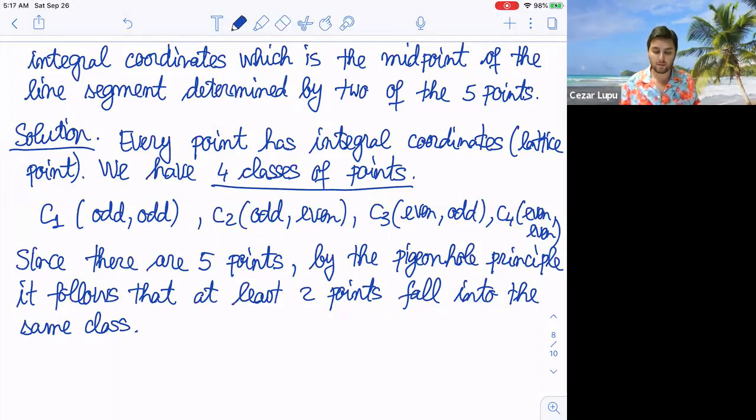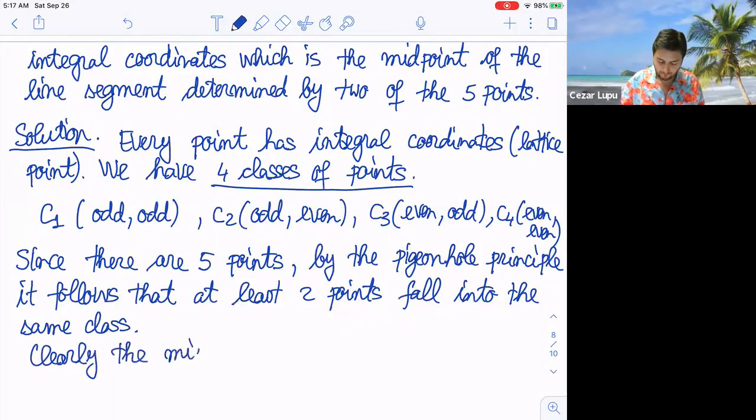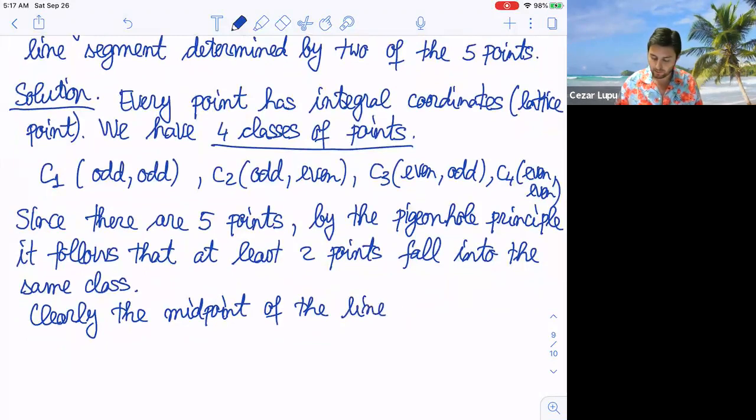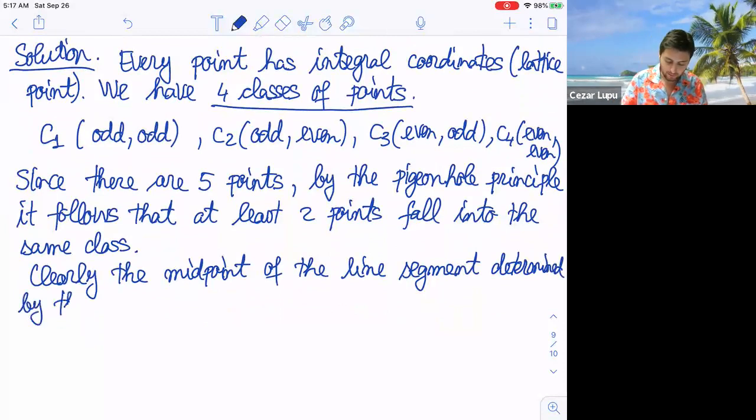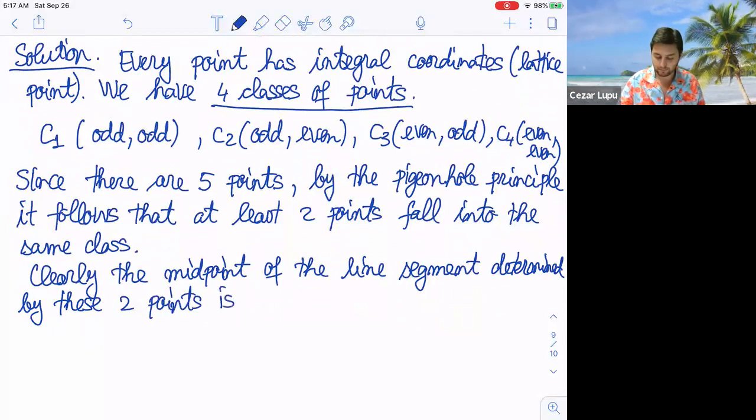And now clearly the midpoint of the line segment determined by these 2 points is a lattice point.